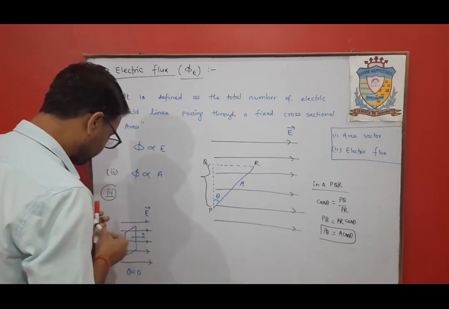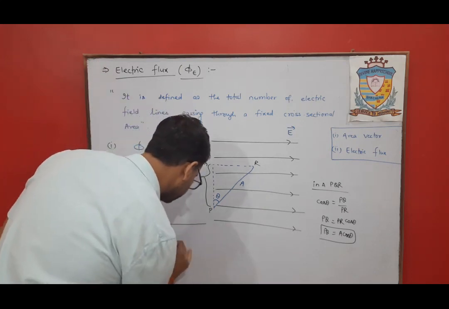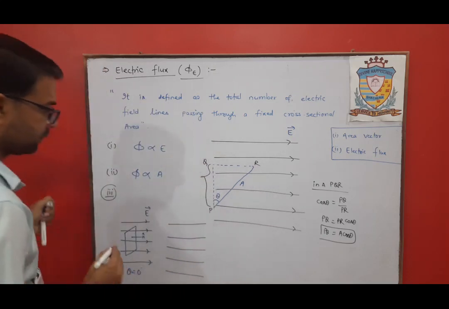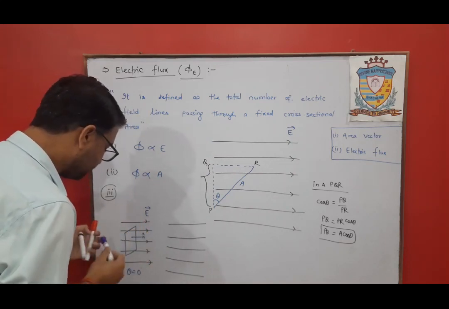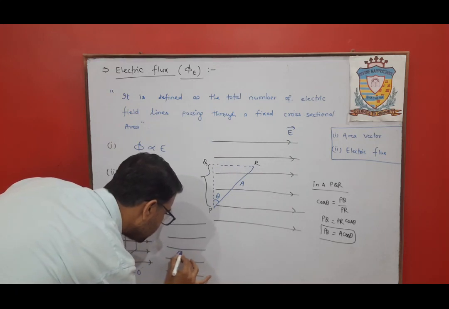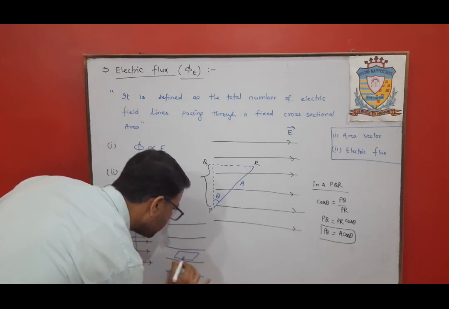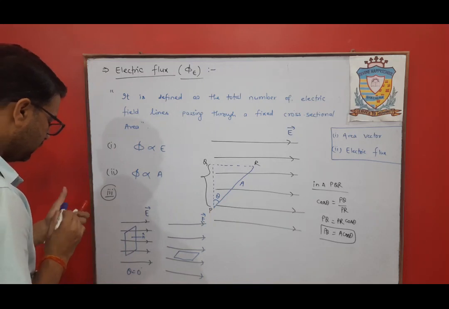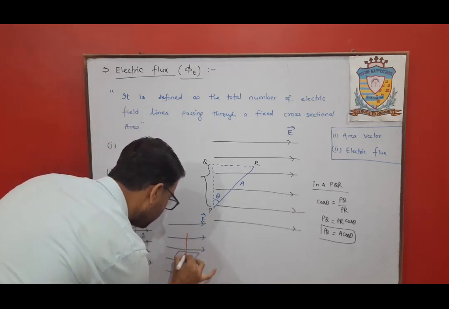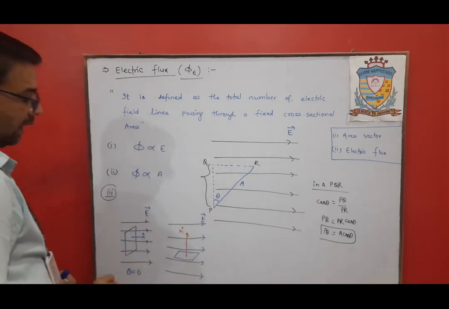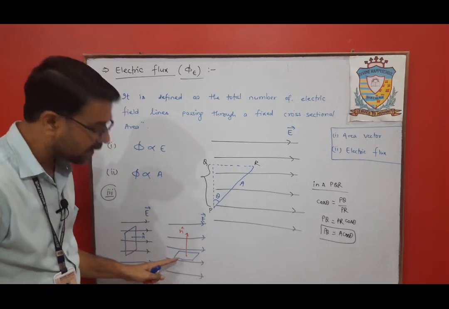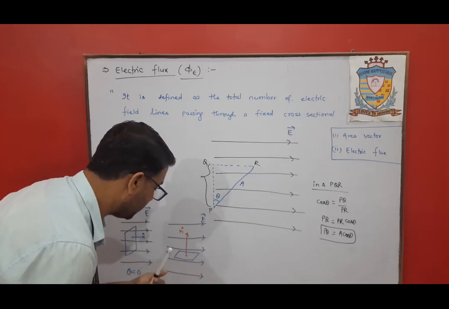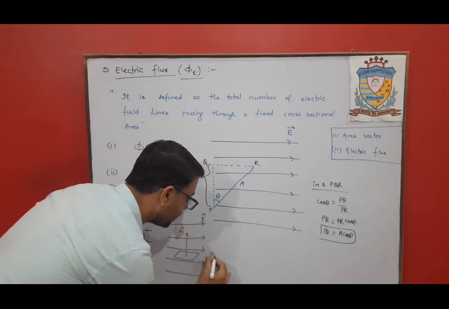In another case, if the area vector is perpendicular to the area, and this is the direction of electric field intensity, then the number of lines passing through this area is 0.